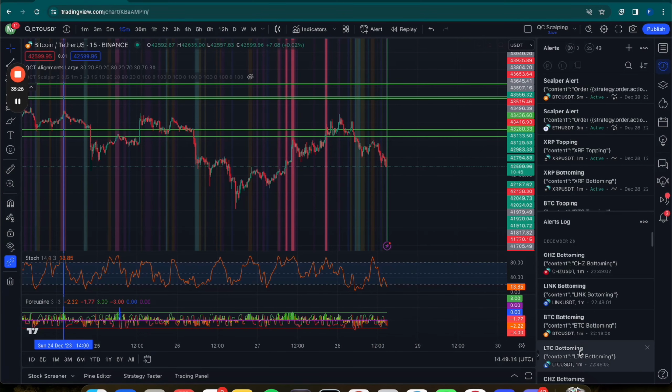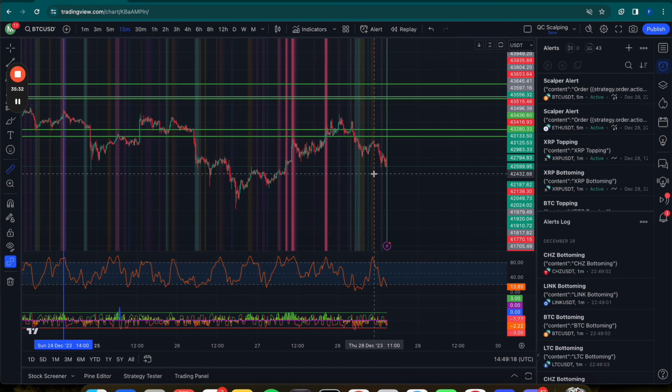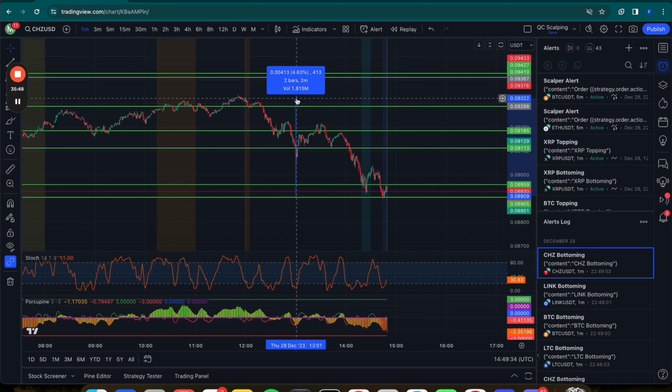So if I have an alignment everywhere, right, and Bitcoin here, say, assuming it will go to the top of the range, is 2%, right? But I'm just guessing right now. We could go to Chiliz here, and Chiliz to the top of the range would be 4% or 5%. So that's double the move on the same thing.